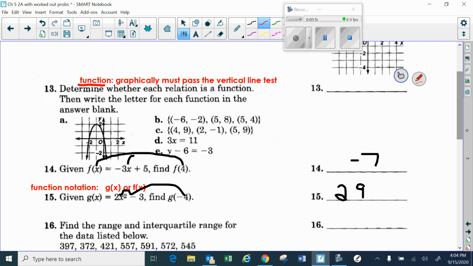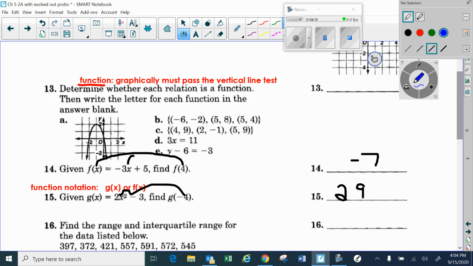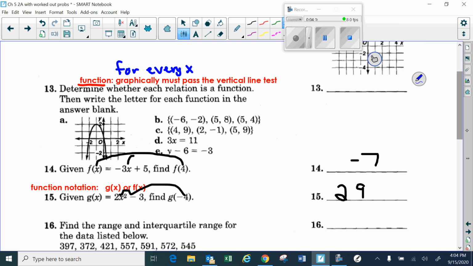Okay, so that's graphically. If you want to talk about it verbally or just looking at it without looking at it graphically, for every x, also called the input, there's only one y, or output.